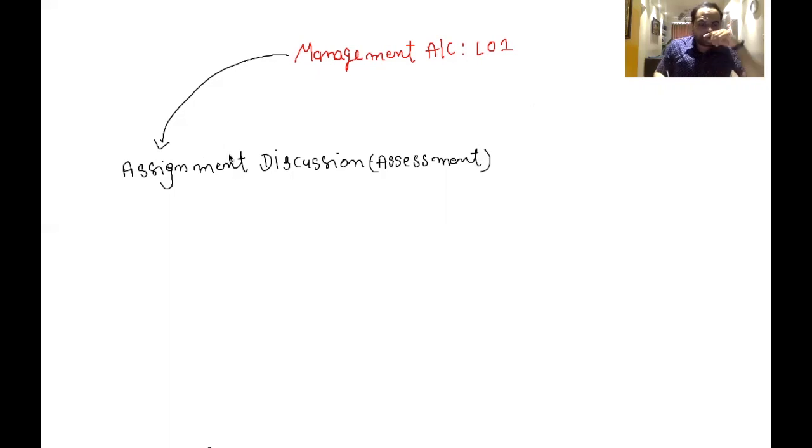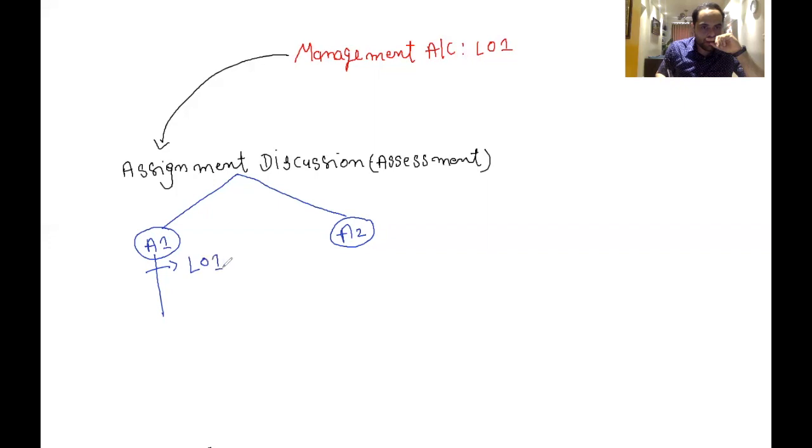In this module, you have two assignments, assignment one and two. And each assignment has two learning outcomes. Which means in assignment one, you have learning outcome one and learning outcome two.